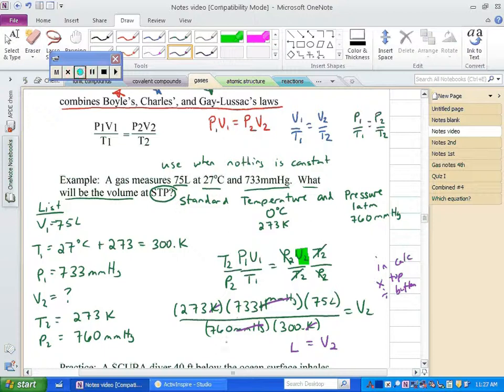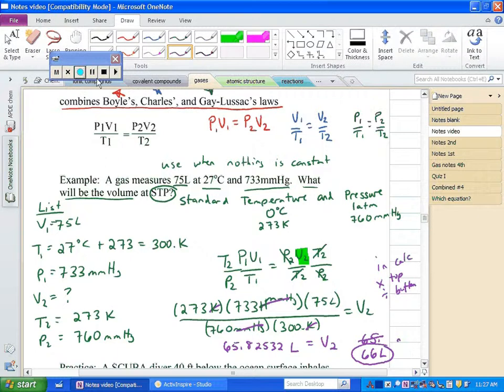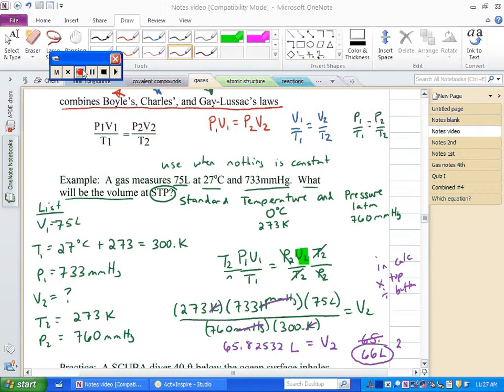And you get 65.82532, and it keeps going, but we need to round it to 66 liters, because we're only allowed 2 significant figures.